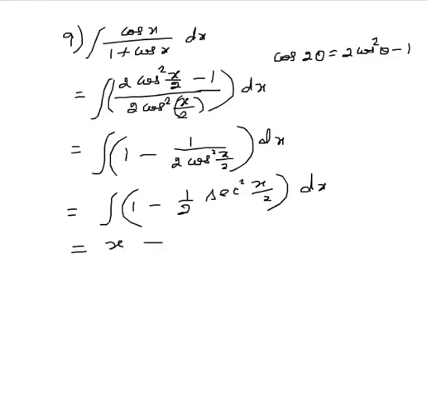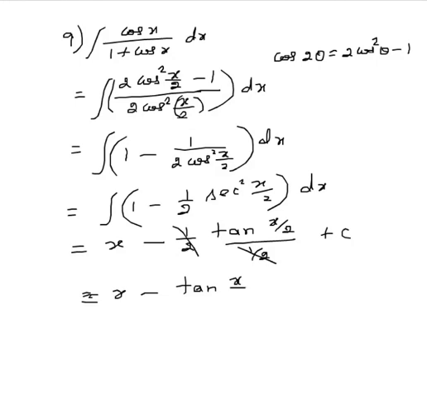Integral of 1 is x minus half into integral of secant square, which is tan x by 2 divided by the coefficient of x. This half and this half will get cancelled. Therefore, the answer is x minus tan of x by 2, plus c.